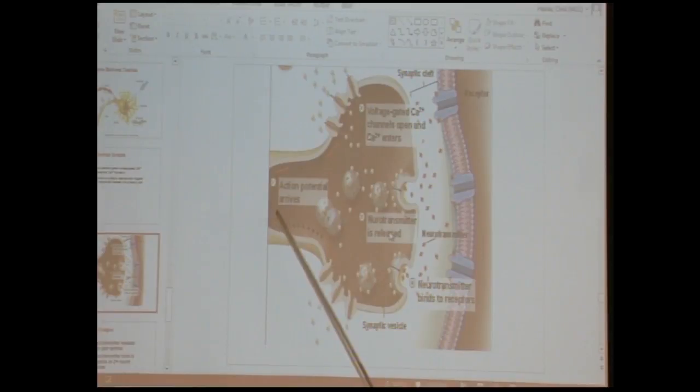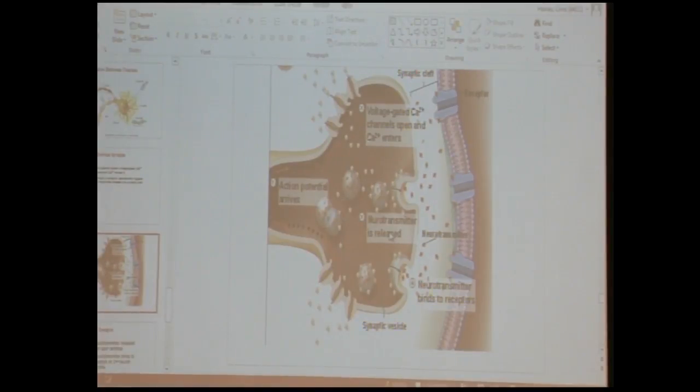That neurotransmitter is the actual molecule that goes from one neuron to the next one, and it binds to another receptor there, ligand-gated, causing it to open and let positive ions into that next cell.